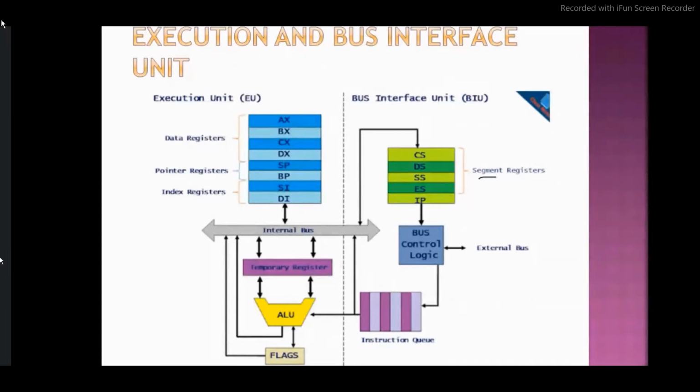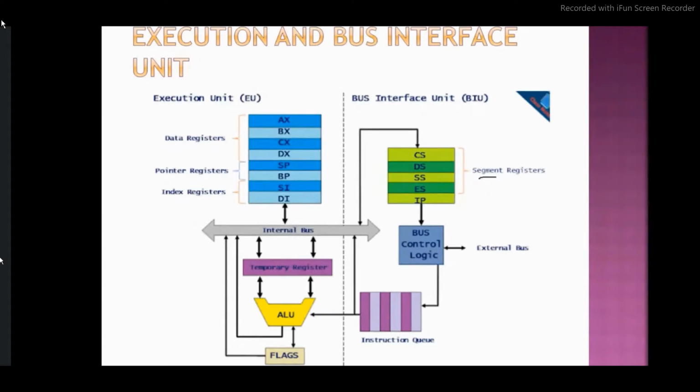It carries people from one place to another. The same logic is applied here. The bus is a mode of transporting instructions and data from one place to another inside the microprocessor, and it needs to be controlled.